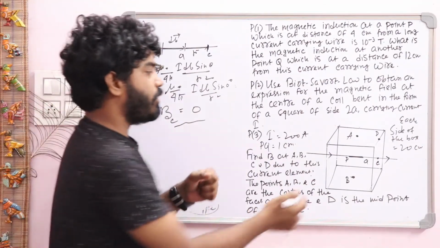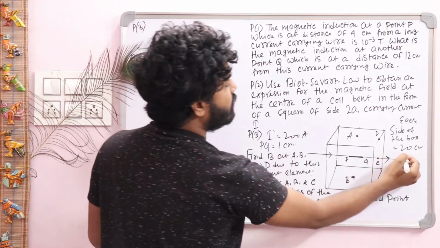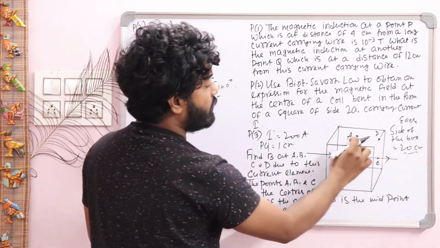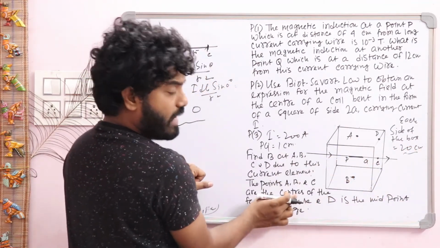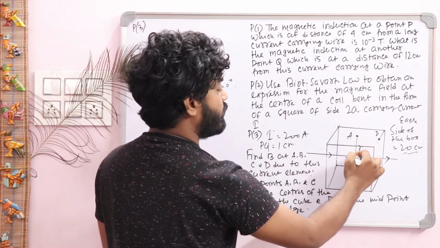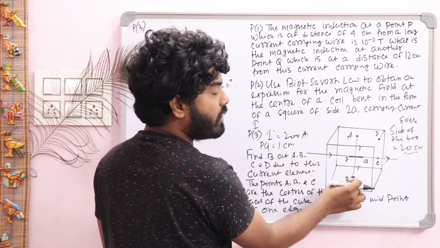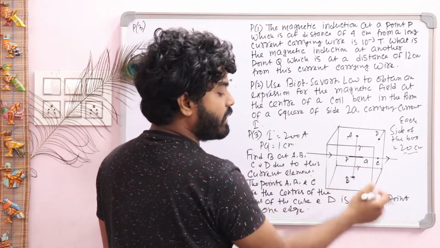Now you find out the magnetic field at points A and B. You know the side of each box is 20, and A, B and C are at the center. That means this is R, and this length is half of the side, since it is at the center. So this length is 10 centimeter.